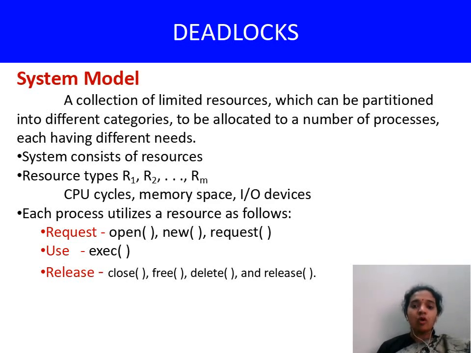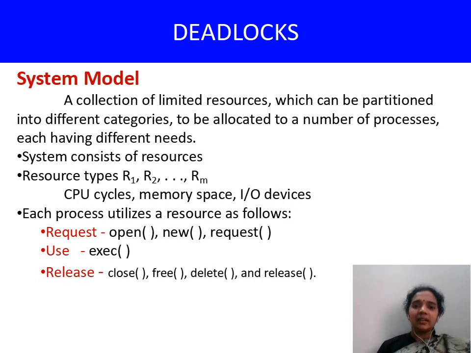So we have to follow a sequence. Initially we start with the request. If the request cannot be immediately granted, then the process must wait until the resource it needs becomes available. For example, system calls such as open, or memory allocation with new, are used for requesting resources.